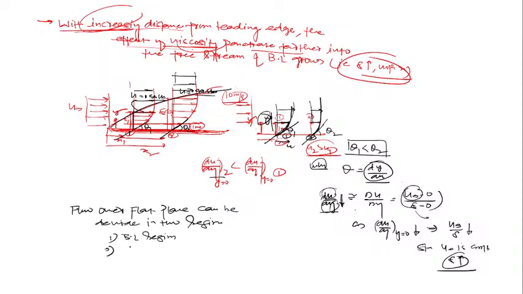Yes or no? In the boundary layer region, gradient exists. Gradient and shear stress will exist, or gradient and shear stress are large.